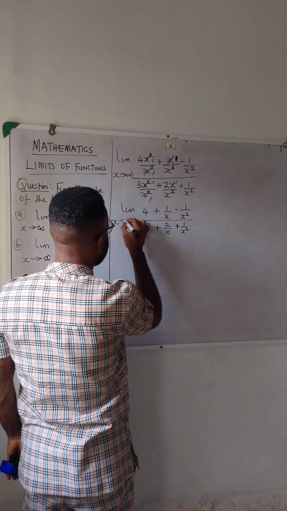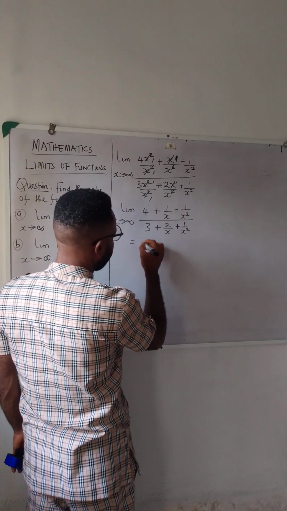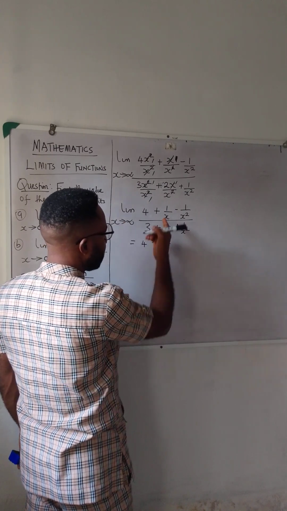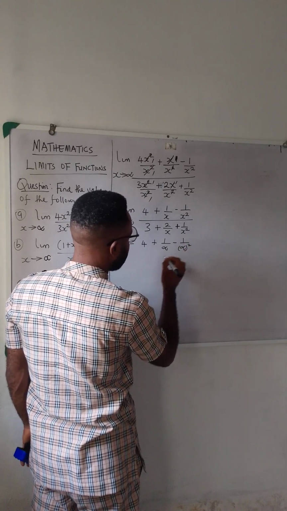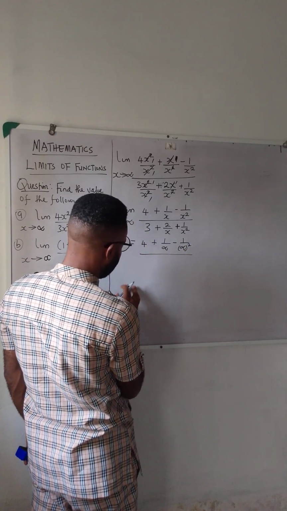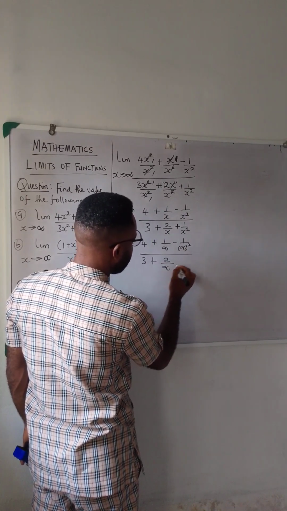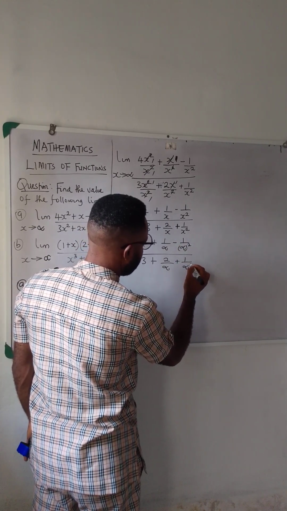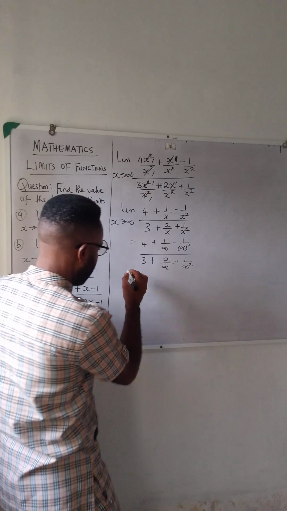As x tends to infinity, we can now bring in the value of x, so that we have 4 plus 1 divided by infinity, minus 1 divided by infinity all squared, divided by, in the denominator, 3 plus 2 divided by infinity, plus 1 over infinity squared. And so, having done this, we now move on.